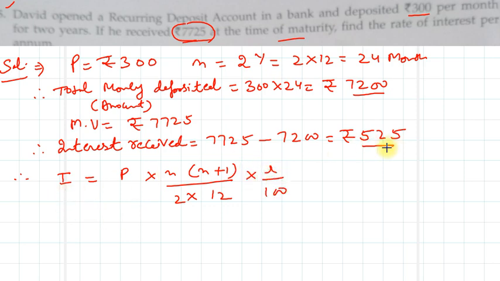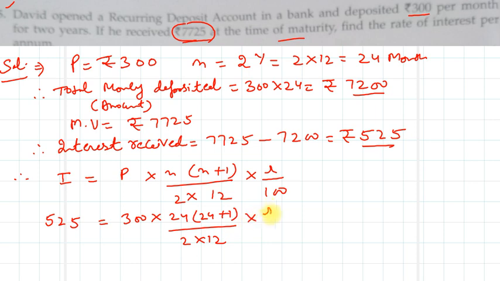So I we have calculated this 525. P is 300, n is 24 months, 2 into 12, 12 2 ja 24.